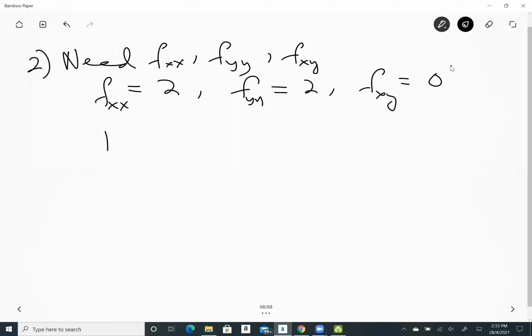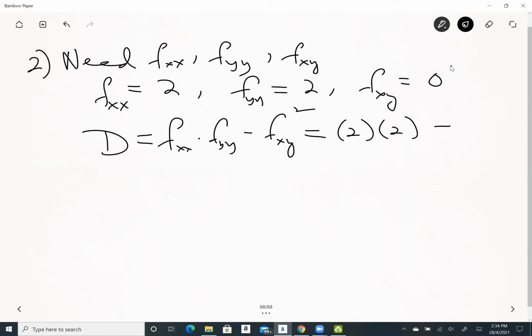So we know that d, now you have to write the d. The more you write, the better we remember. So d is fxx, fyy minus fxy squared, and that is equal to, put in the values, 2 times 2 minus 0 squared. That is equal to 4. Now, in this example, number 1 is very simple because everything is a constant.